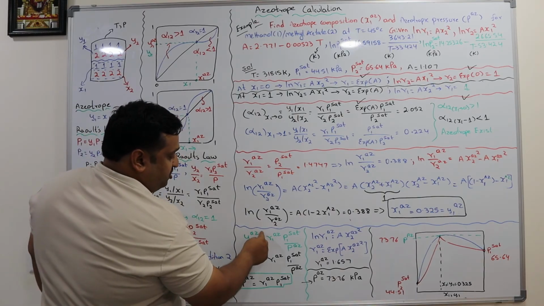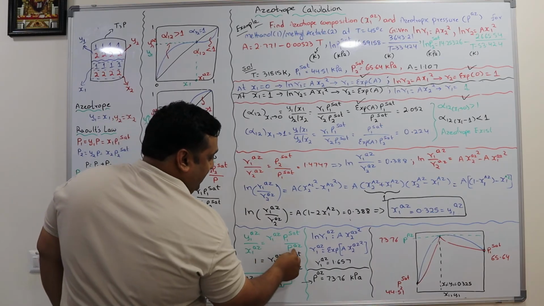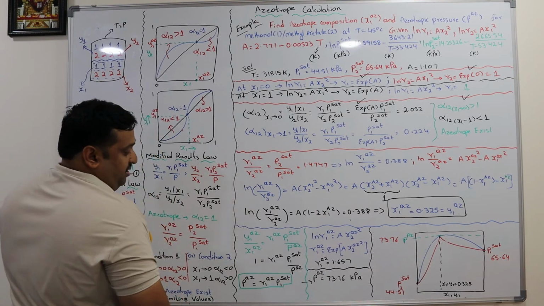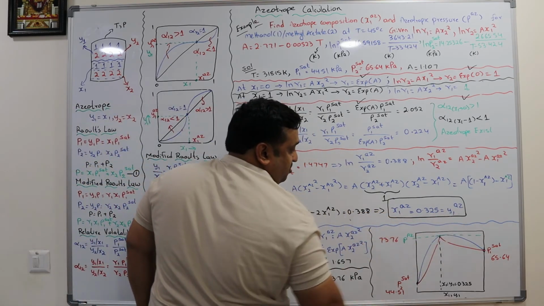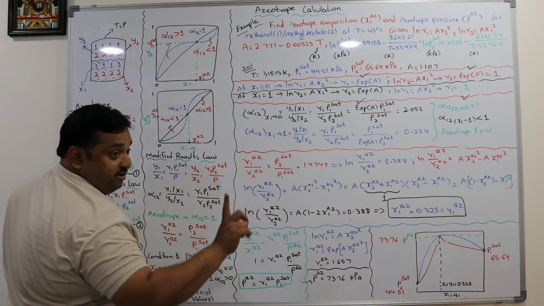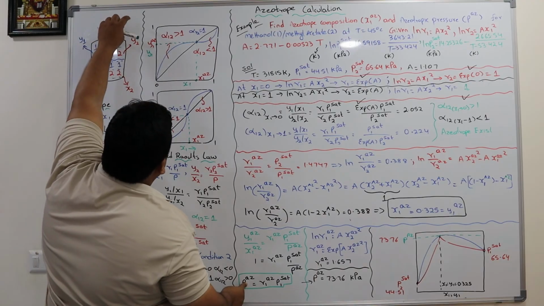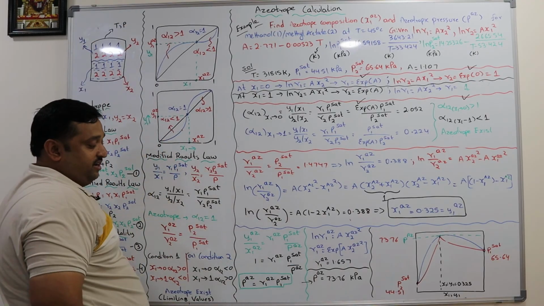So y1 azeotrope by x1 azeotrope is nothing but gamma 1 azeotrope times P1 saturated by P azeotrope, that is the pressure condition. I know x1 azeotrope is equal to y1 azeotrope, that means y1 by x1 is equal to 1. From that, azeotropic pressure is nothing but gamma 1 azeotrope times P1 saturated.